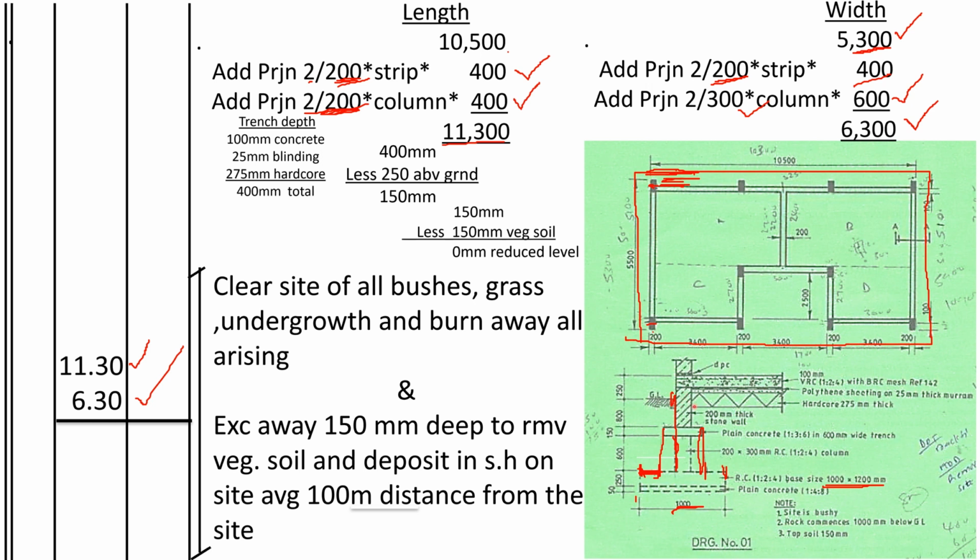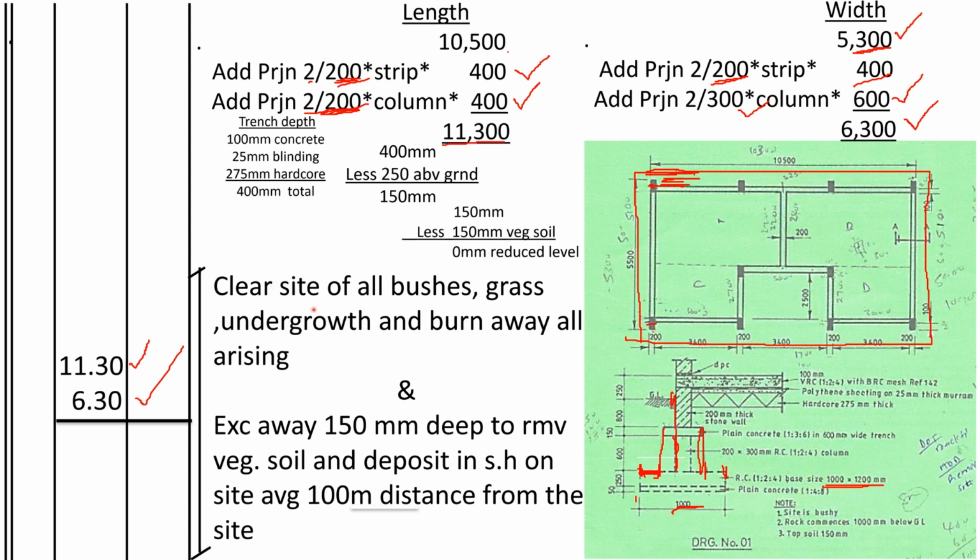Now, the total depth of these layers is 400. We deduct 250 above the ground, so it remains 150. 150 millimeters, we have already excavated it by removing all the vegetable soil. So that means that the level that we have attained after removing the vegetable soil is also the reduced level.